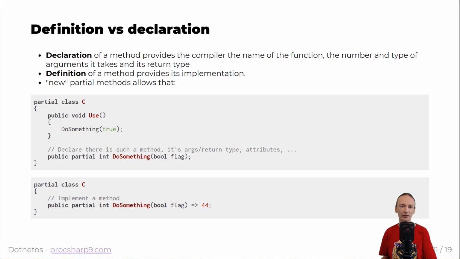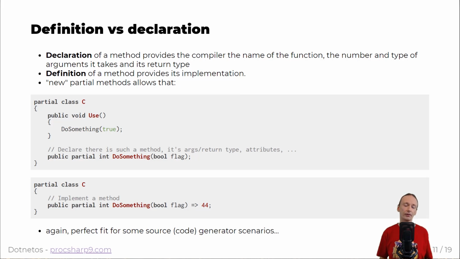And we are forcing it because the compiler will not compile the code if the implementation is not provided elsewhere in another part of the same class. So having this split between definition and declaration is a perfect fit for source code generator scenarios, as we will soon see, and I already promised you.